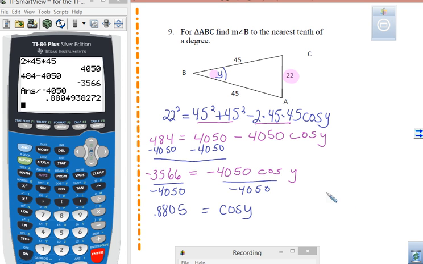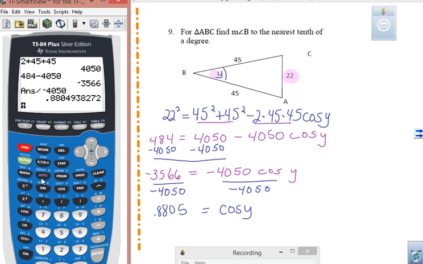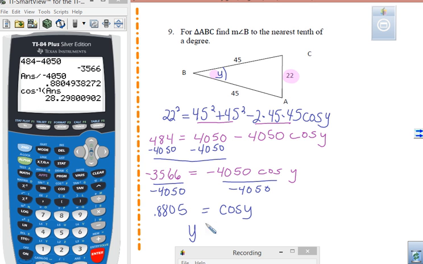And I get 0.8805. And our last step is to do the inverse cosine. So our angle is about 28.3 degrees.